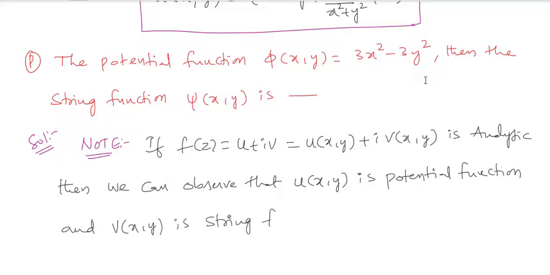This is the point you have to keep in your mind. So u of x comma y is a potential function, and v of x comma y is what? Stream function. Clear with my point?